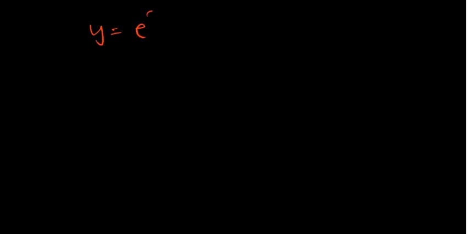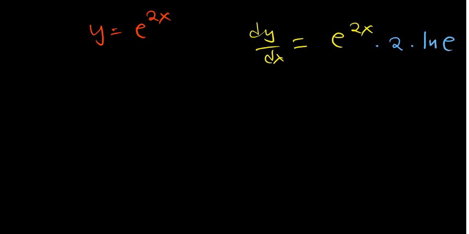If you've got e to the power 2x, you expect that the derivative is going to maintain it, and then you multiply by the derivative of the power. So the derivative of the power is 2, and then of course natural log of e, which is the base in this case. Of course, it will be eliminated, so you're going to have 2e to the power 2x.